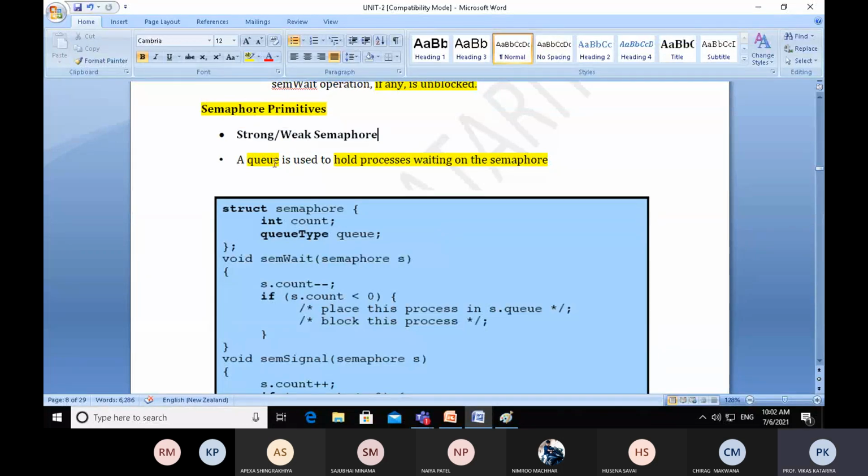I hope you understand. There are two primitives, you can say, two fundamental types of semaphore, strong and weak. If a Q data structure is used, then it is called strong. Otherwise, it is called a weak semaphore.